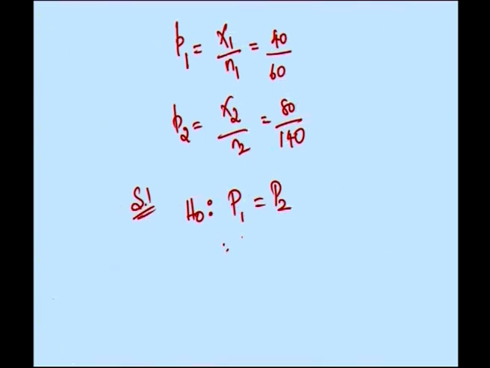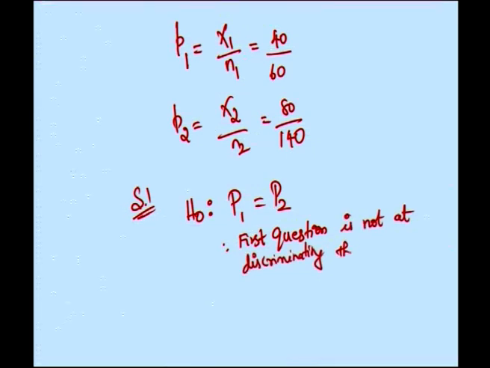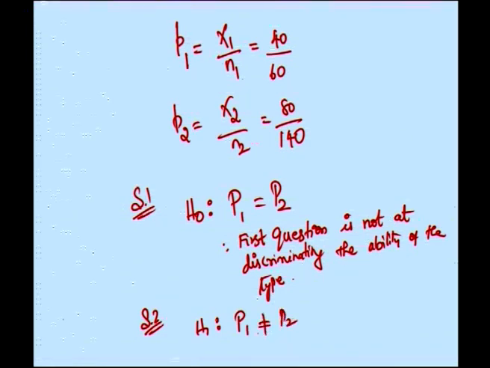In other words, we may say that the first question is not good at discriminating the ability of the type examined. Okay. So, H1 will be P1 is not equal to P2.